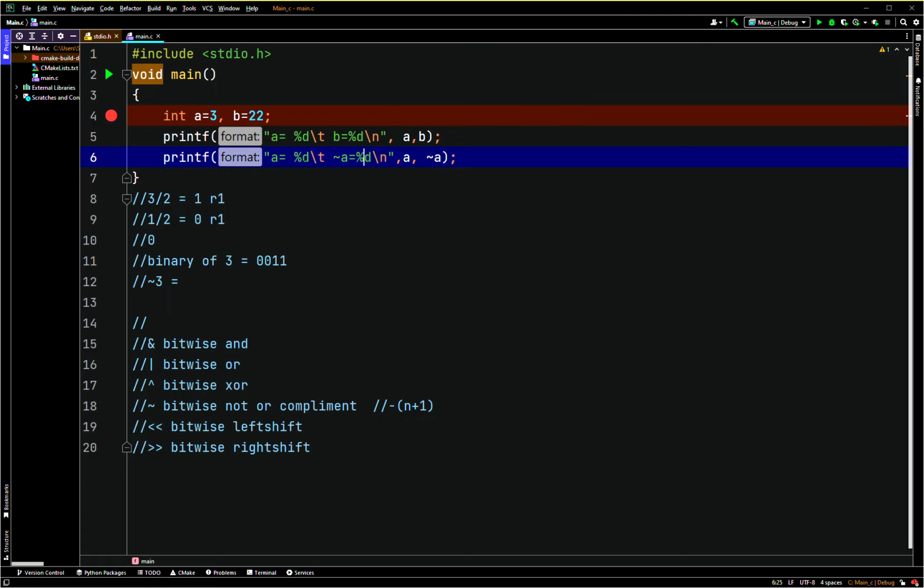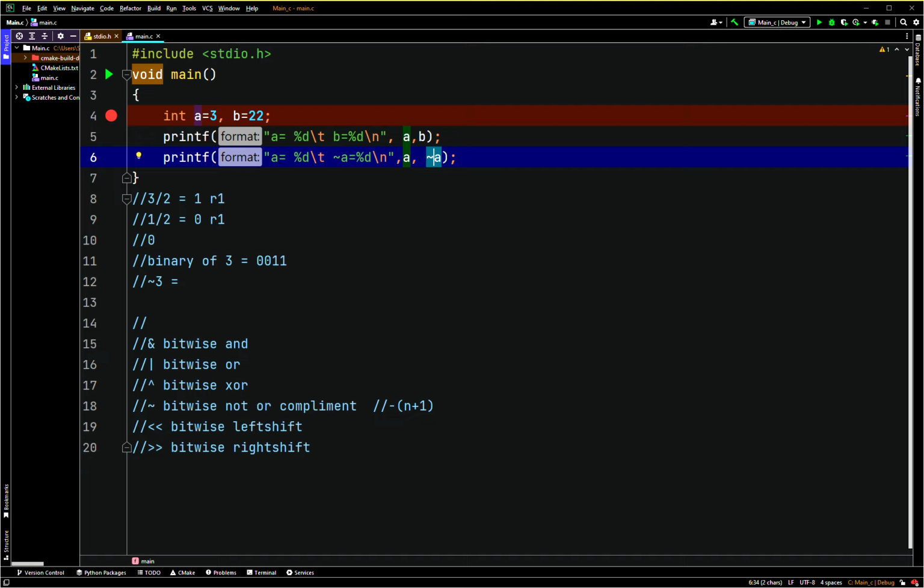And the second one, the compiler is going to scan for the next format specifier. So it's going to get this one %d, and that's going to correspond with the next variable after the next comma. So they go in order like that, if that makes sense. So you take the first one for the first one, and then the second one for the second variable here. So hopefully that makes sense.